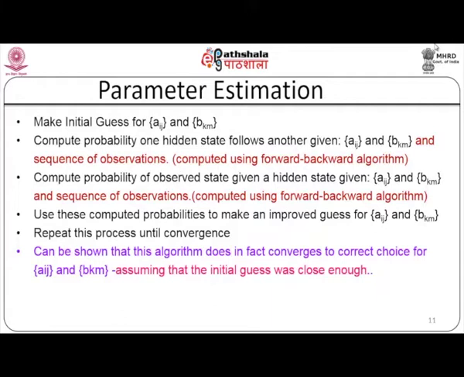Then we find the probability that one hidden state follows another given the sequence of observations, and also the probability of this observation given that this state occurred and the sequence of observations. Both can be found using the forward-backward algorithm. Once this is done, use these values to make an improved guess for the values.